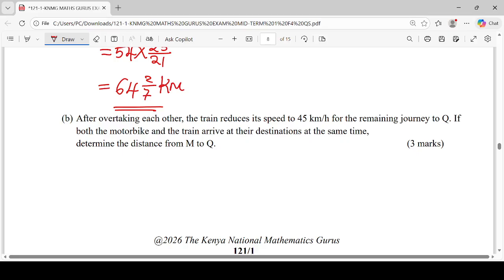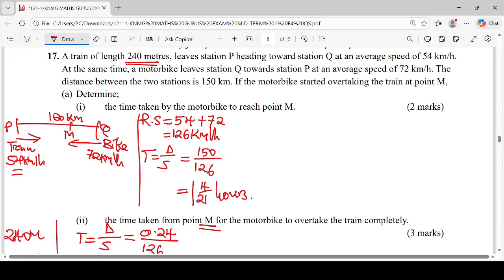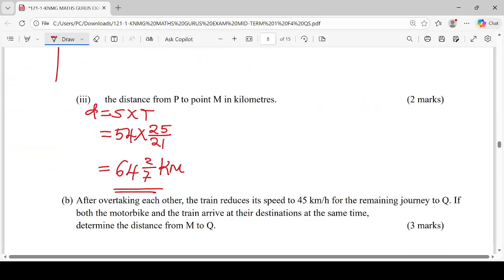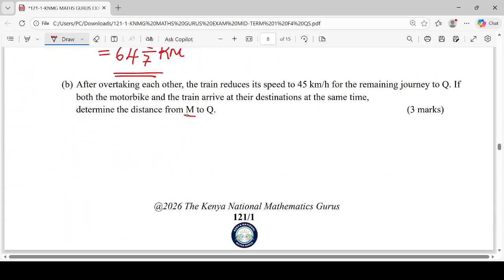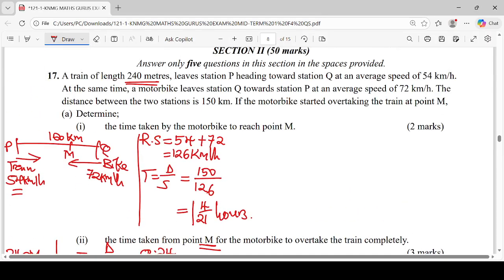Now you can see, I want you to be very keen. Remember that the motorbike was moving at a speed of 72 kilometers per hour. They want the distance from M to Q. When you look at M to Q, remember, from our diagram, M is the meeting point. So M to Q is the distance covered by the motorbike before it overtook the train.